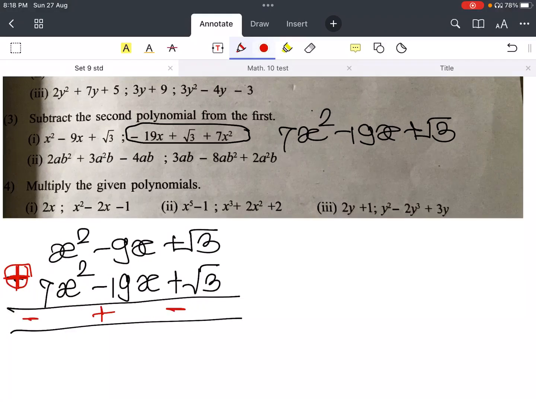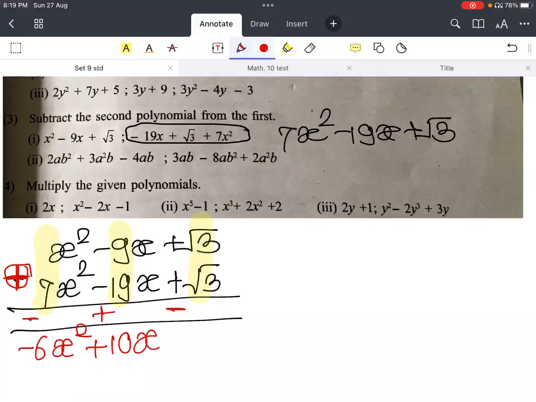So simply now subtract this term, root 3, 9, 19, and 1, 7. So what will be the answer? Minus 7 plus 1 is minus 6, variable x square as it is. Minus 9 plus 19, मीन्स यहाँ पे सब्सट्रैक्शन करना पड़ेगा, प्लस 19 में से 9 चला जाएगा तो it becomes plus 10x.